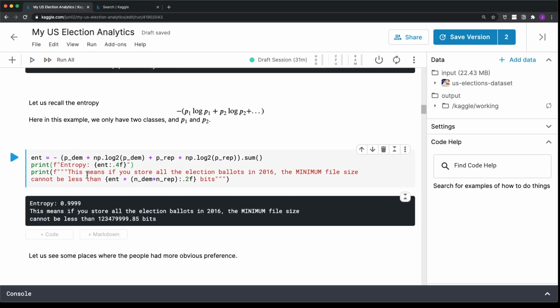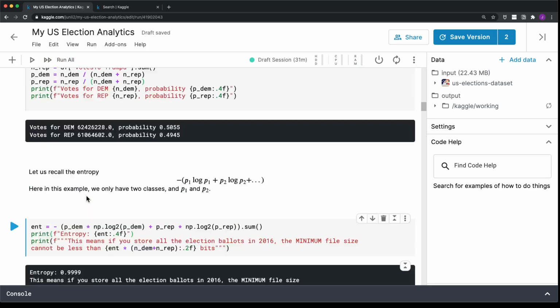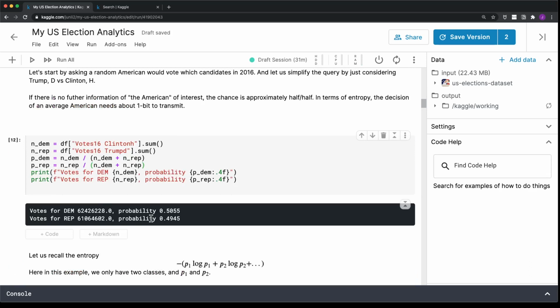Oh, the entropy is very close to 1, and that is to be expected. Look, they are very close to each other. That means you mostly have a half chance of voting for each of the candidates, and therefore, if I'm meeting an average American, I have almost maximum uncertainty about his or her vote.